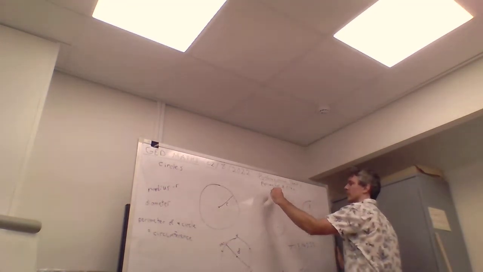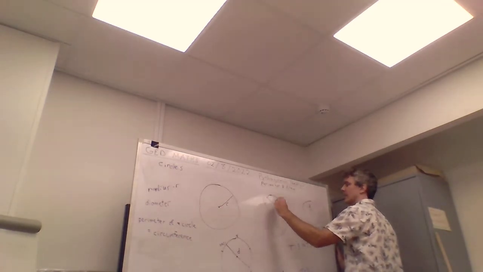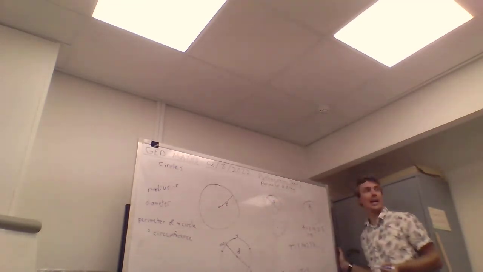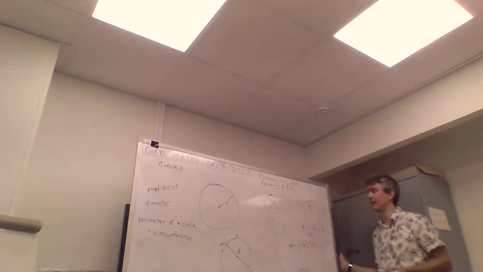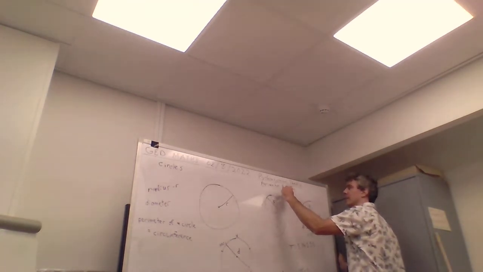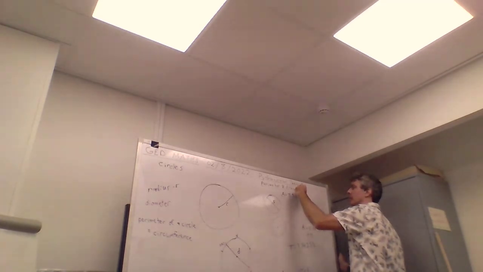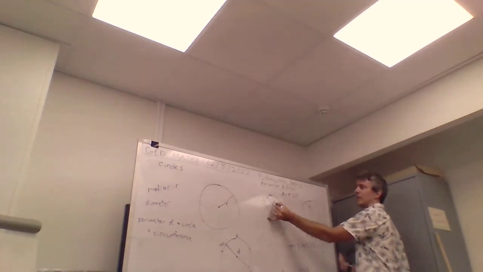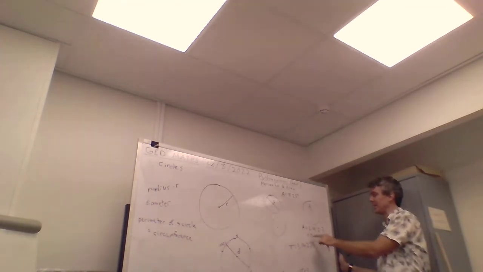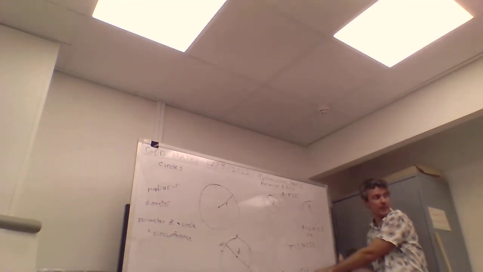If I gave you this circle, and I said the diameter is 5, okay? Then the area would equal pi times 2.5 squared, because the radius is half of this, remember? Don't make this mistake, all right? It's the radius, not the diameter.